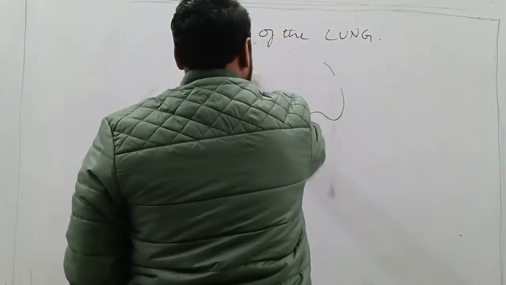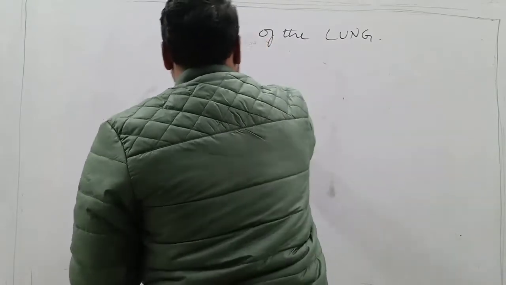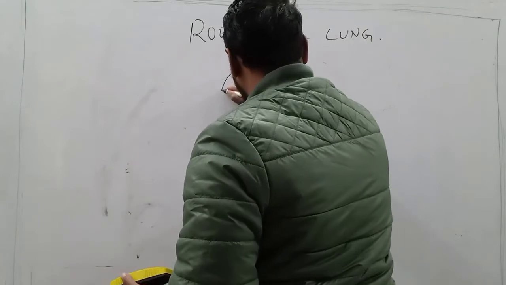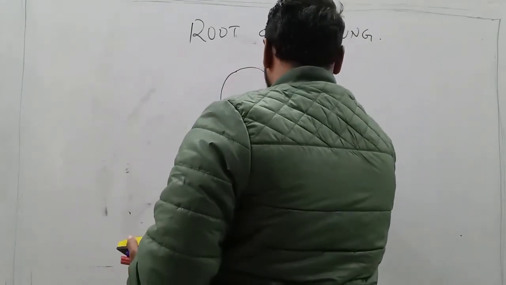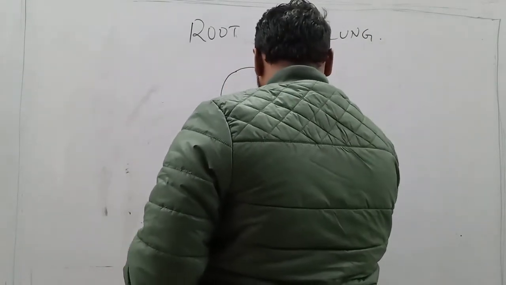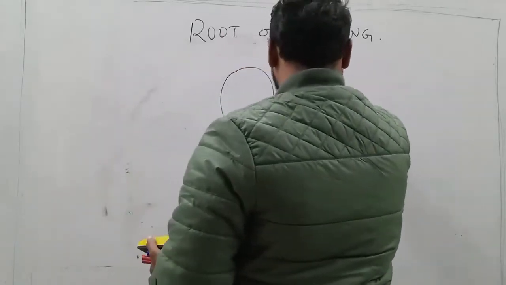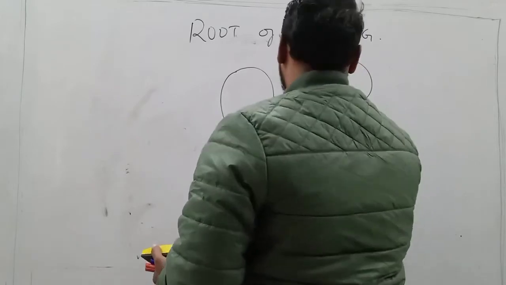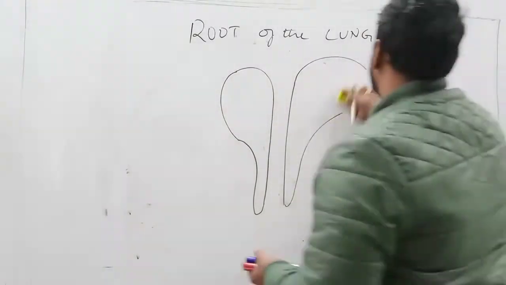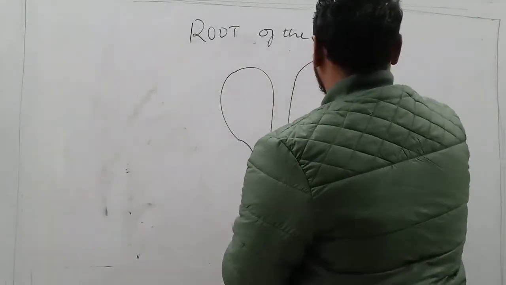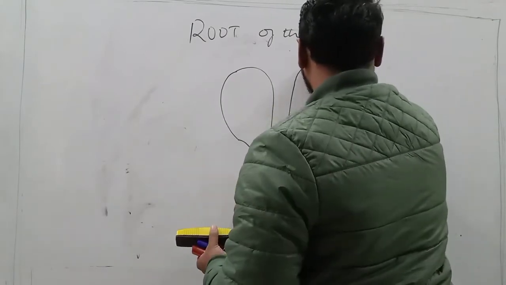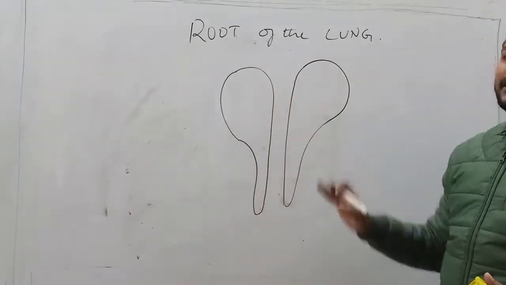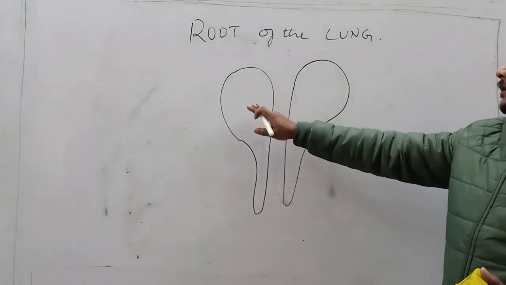You are very familiar with a diagram in the textbook which looks somewhat in this position. There is a diagram in your BD Chaurasia as well as in your Vishram Singh, the root of the lung.